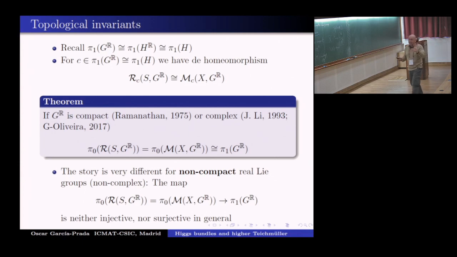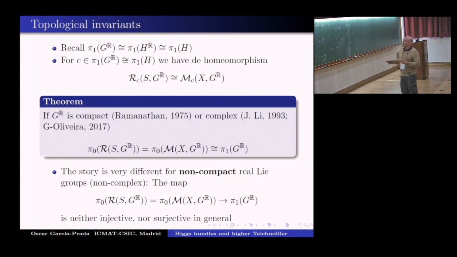So that is exactly why the two theorems, the Corlette and the other theorem, just combined. So there is a result of Ramanathan. When GR is compact or complex, it turns out that this invariant parameterizes components.